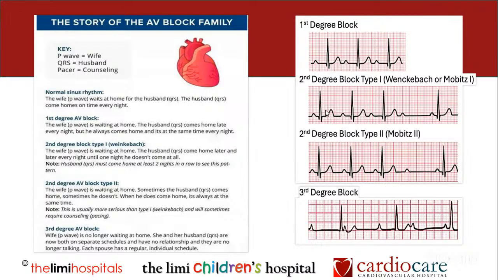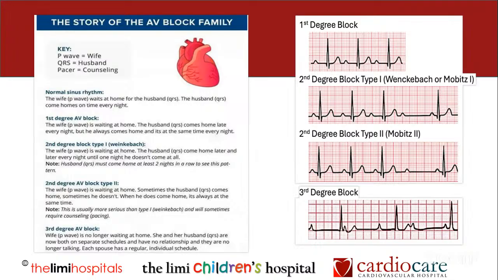In second degree AV block type 1, or what we call Mobitz 1, there is a progressive increase in the PR interval until we get to a point when there is a P wave and no QRS, and the cycle starts again. So in type 1 of the second degree AV block, the wife is waiting at home, and the boyfriend comes home later and later every day.